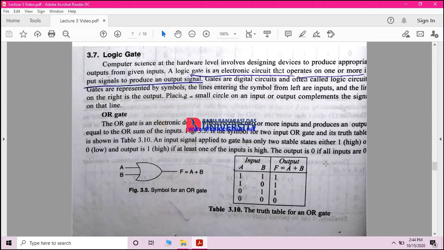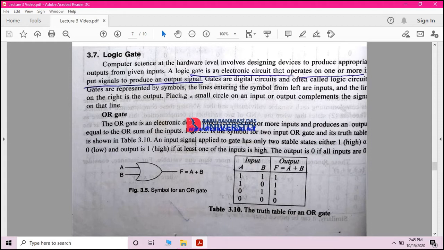So basically a gate is used to produce an output signal when the input signal is given. Gates are digital circuits and are often called logic circuits. Gates are represented by symbols. The lines entering the symbol from the left are inputs, and the lines on the right-hand side are the output. Placing a small circle on the input or the output means that we are complementing the signal.